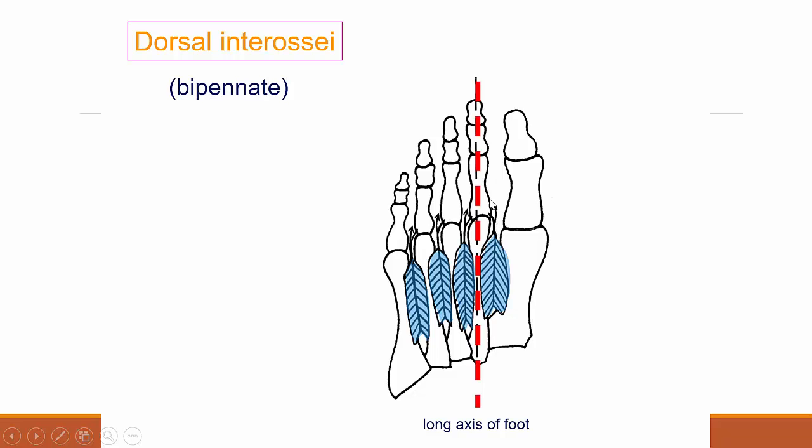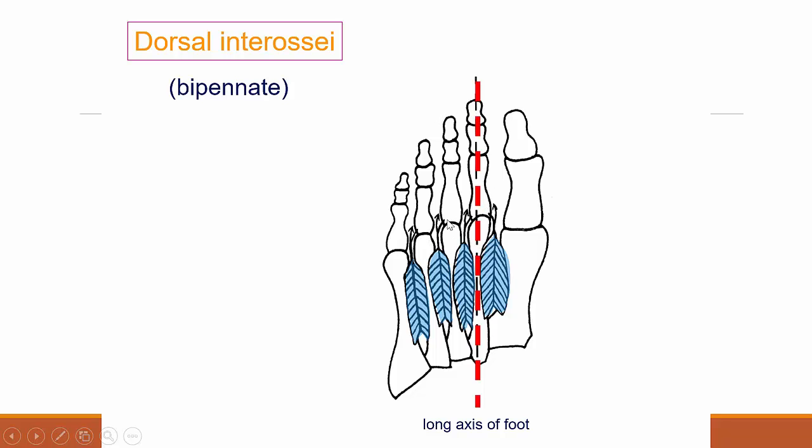And if this muscle contracted, it would result in our second digit moving away from the midline, and therefore producing abduction of our second digit. Here, this muscle inserting onto this side of the base of our proximal phalanx will result in my second digit moving away from the midline, and there will be abduction.